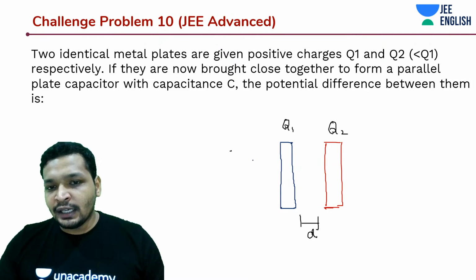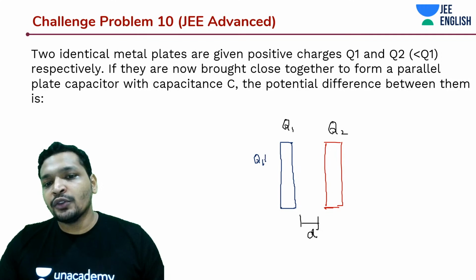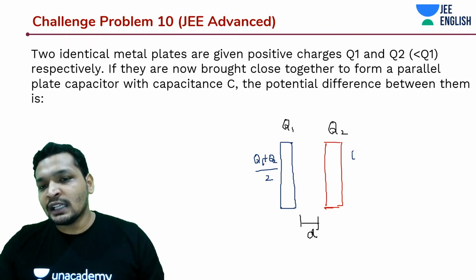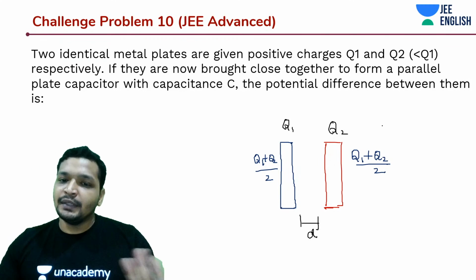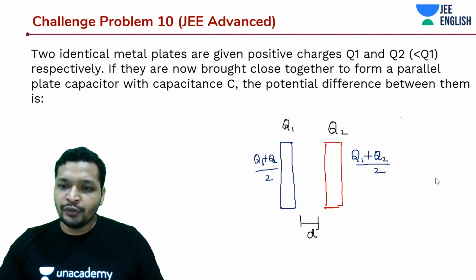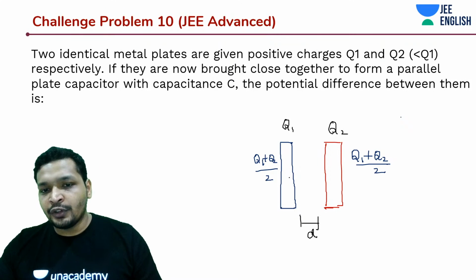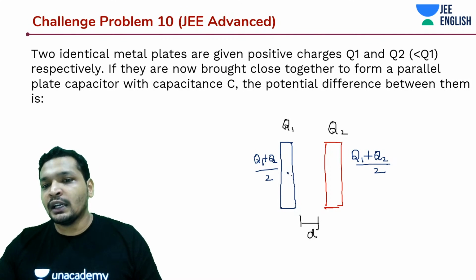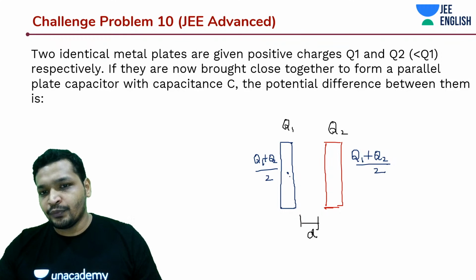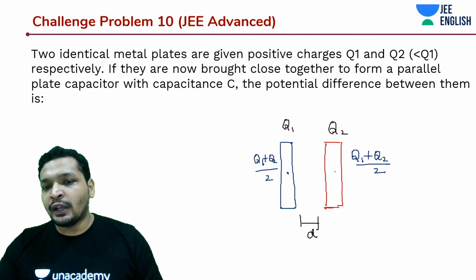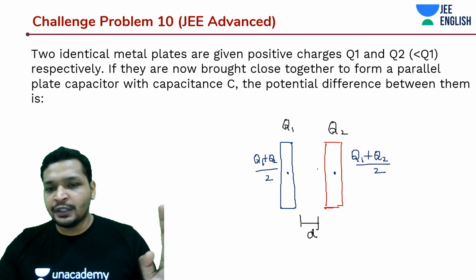Generally on this side you would get Q1 plus Q2 by 2, and on this side as well you will get Q1 plus Q2 by 2. You can work it out using the electric field concept. You need to calculate the electric field over here, and that electric field should be 0, and the same over here.